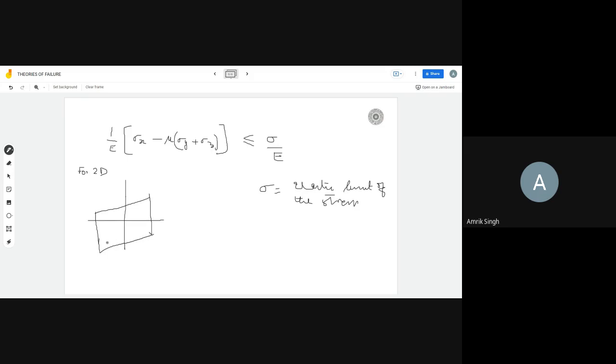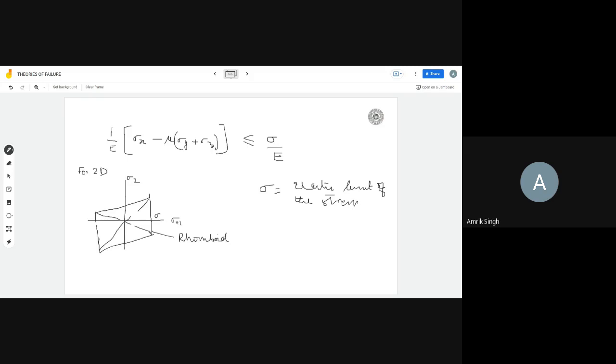So it is a rhomboid. It will pass through the diagonals, through the center. This is a rhomboid. In this case, this will be sigma 1 and this side sigma 2, right?